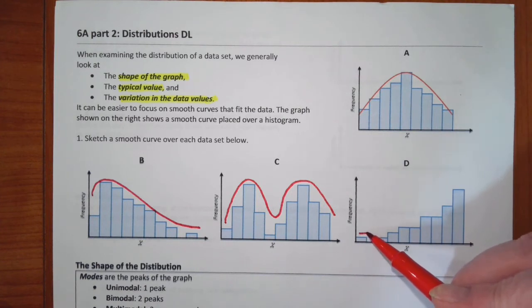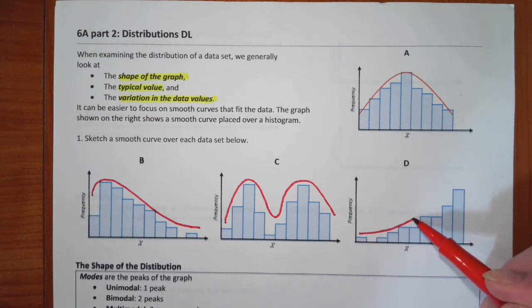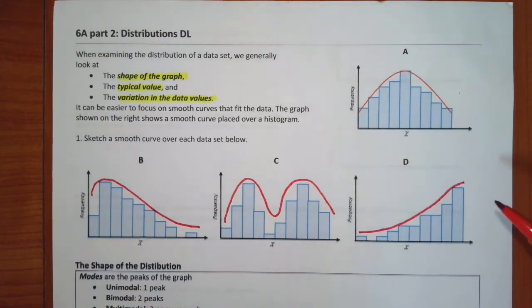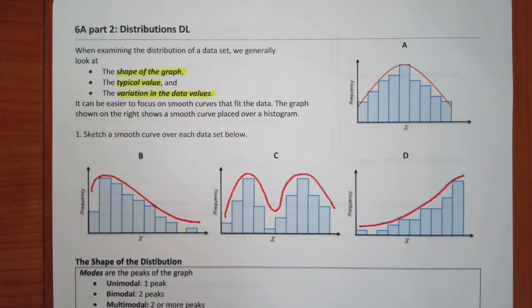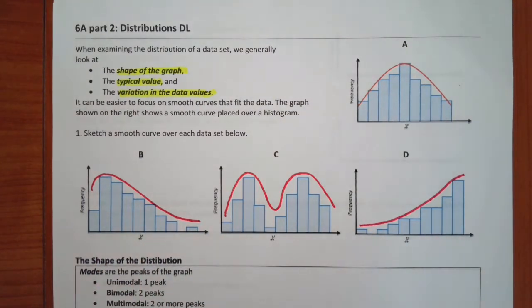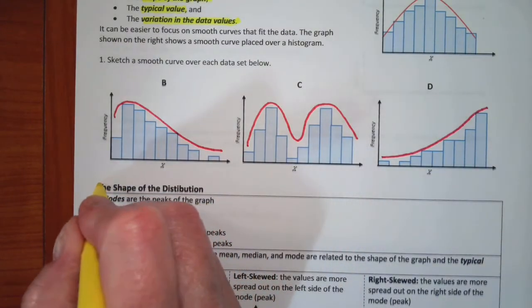And here you're starting low and you're getting larger and larger until you hit that. So by looking at these curves, sometimes it can be easier to tell information about it. So let's start looking at the shapes.